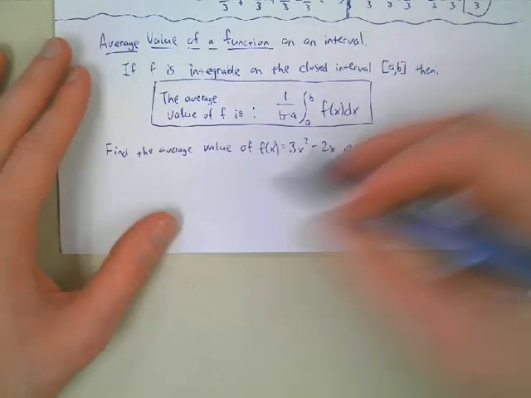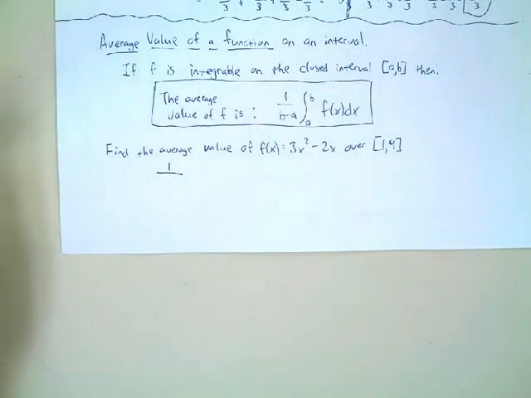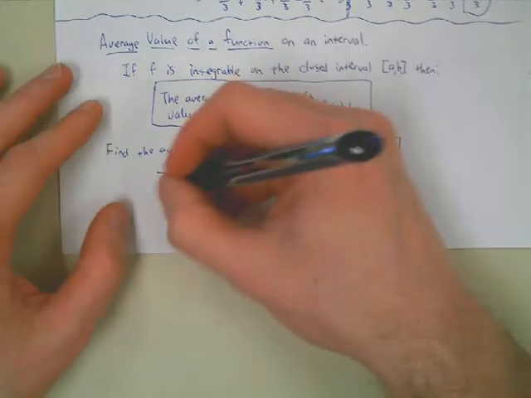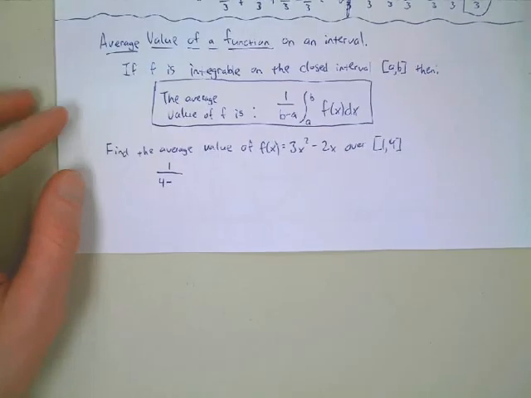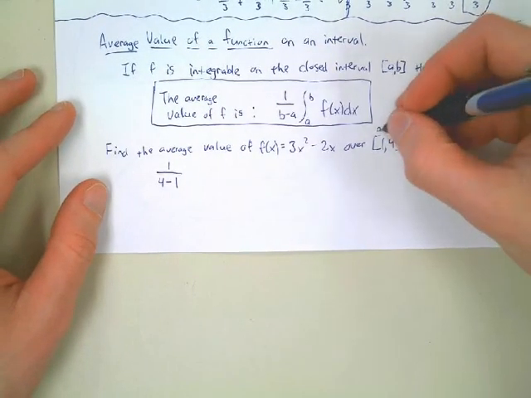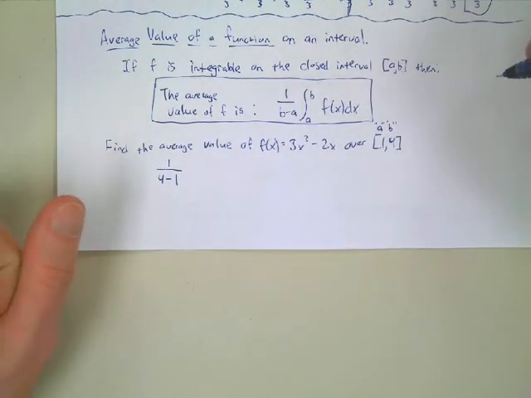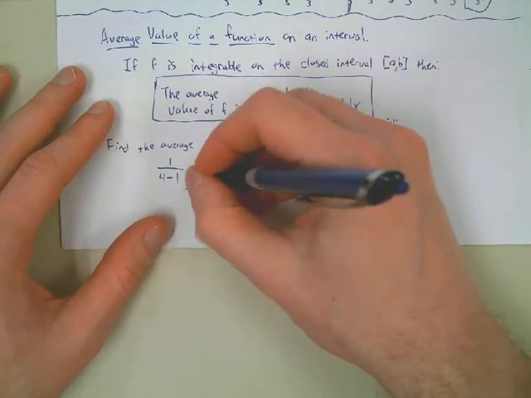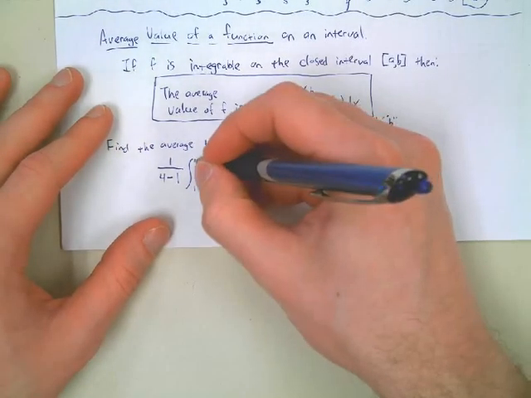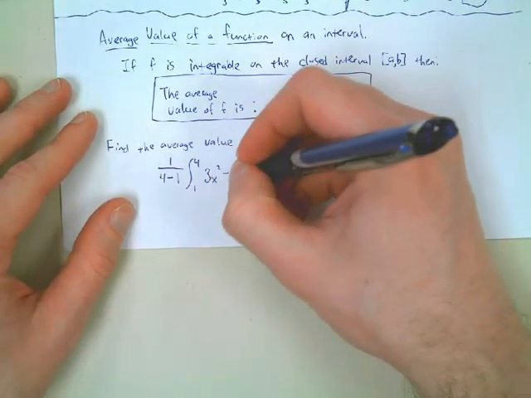So I'm going to write 1 over, what's my b? 4, right. It's my upper limit of integration, minus, what's my a? 1, right? It's the starting point of my interval. So that's like my a, that's like my b. And then we're going to integrate from 1 to 4 the function 3x squared minus 2x dx.